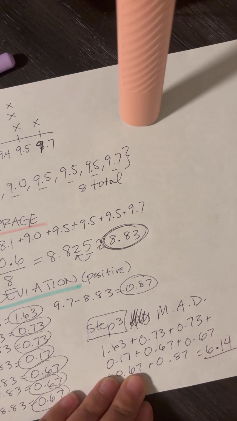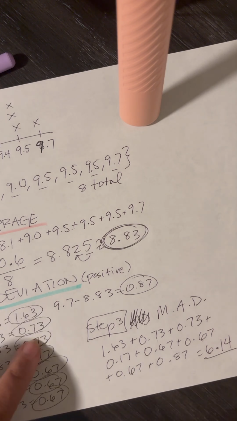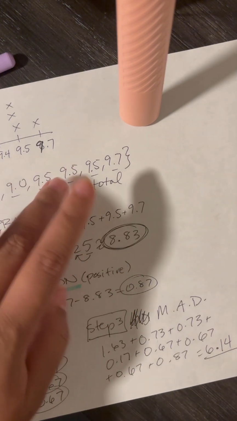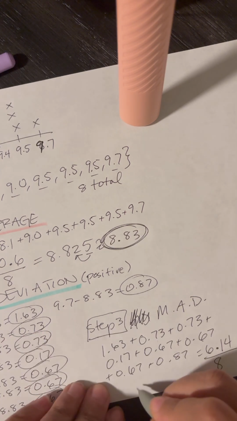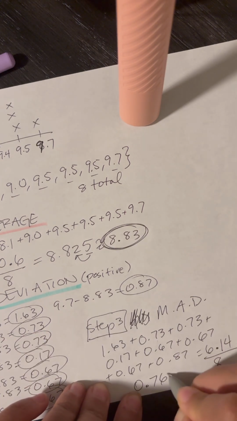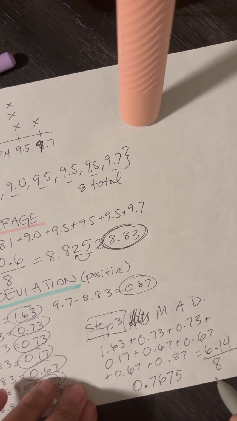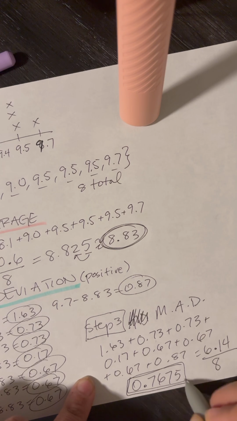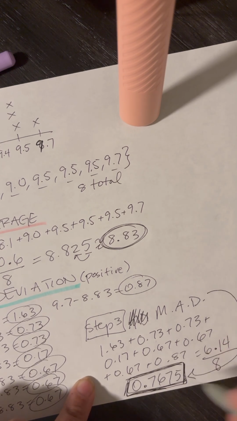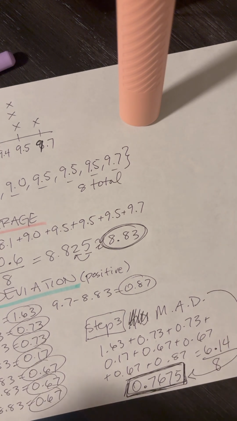That's 6.14, and then we have to divide by how many there are. 1, 2, 3, 4, 5, 6, 7, 8. Remember, it should be the same as the top. Divide by 8. That's going to give you 0.7675, and you can round that to 0.77, but I'm going to leave it like this. So our mean absolute deviation is 0.7675.